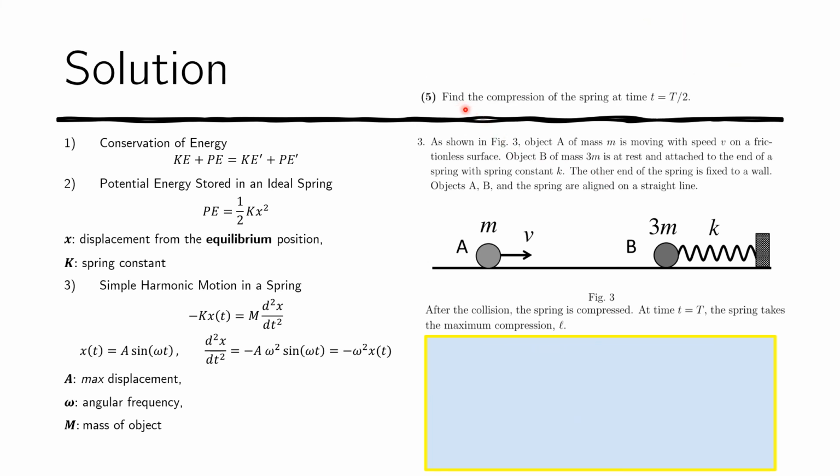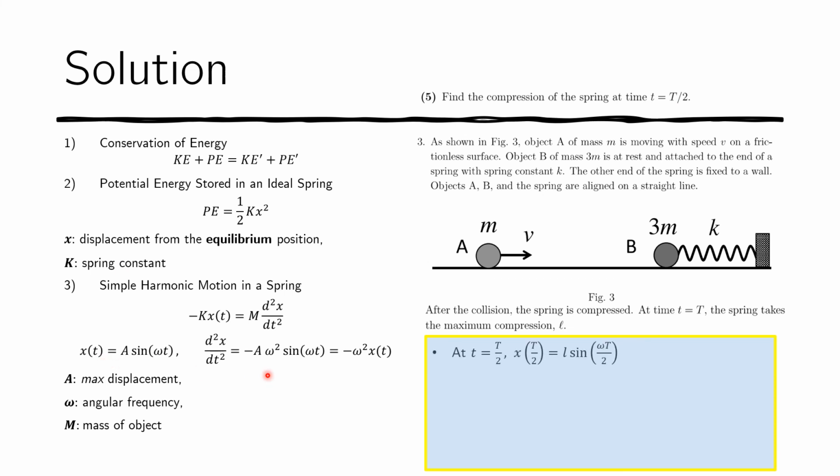Now we need to find the compression of the spring at capital T over 2. And this is not very hard if we already know the constant A here and the omega. So all we need to do is replace the t's with T over 2.